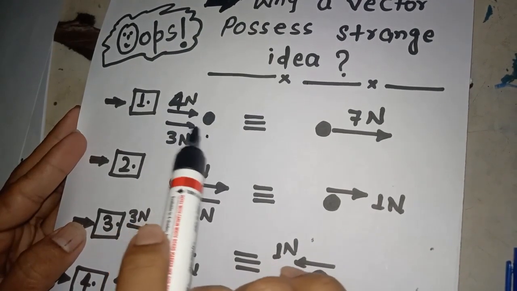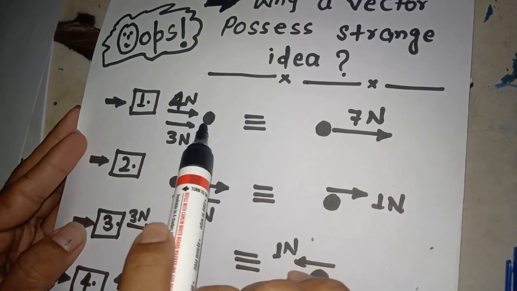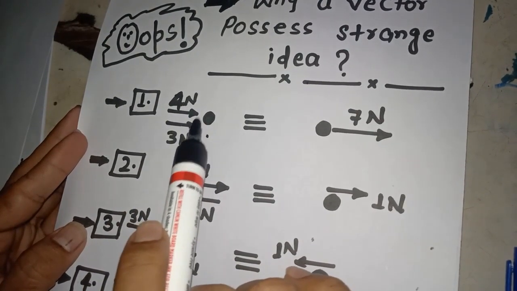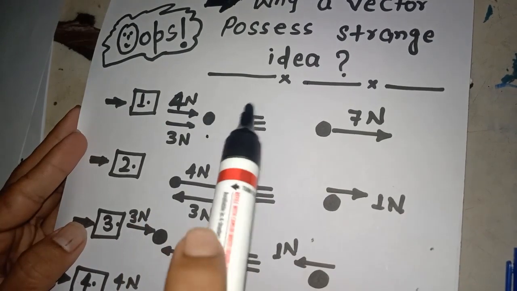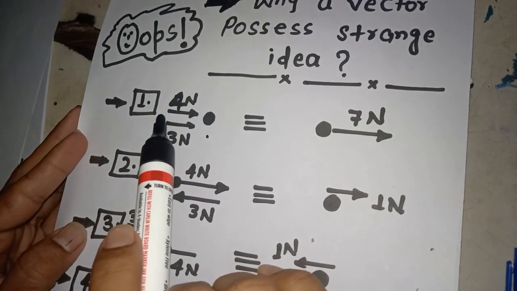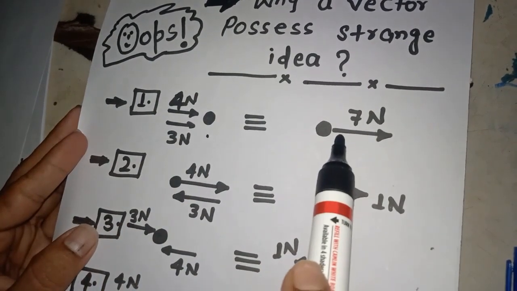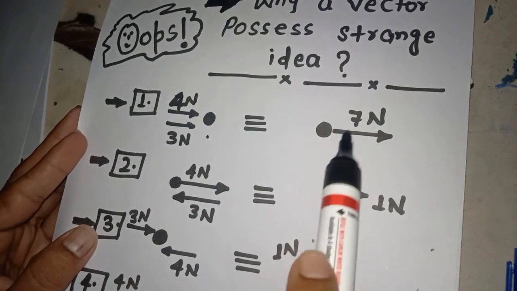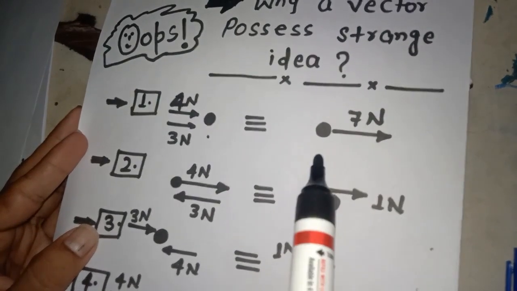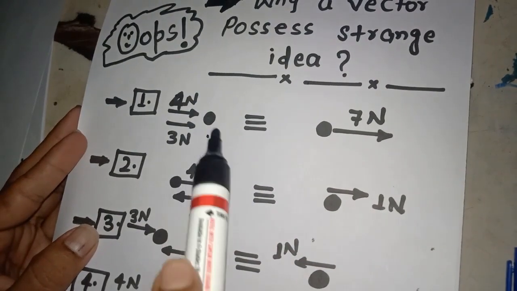Then by common sense you can say that if the direction of force is the same, then its combined effect must be greater than these forces because they are acting in the same direction. So by common sense it becomes 7 Newton, as you can say 4 plus 3 equals 7.